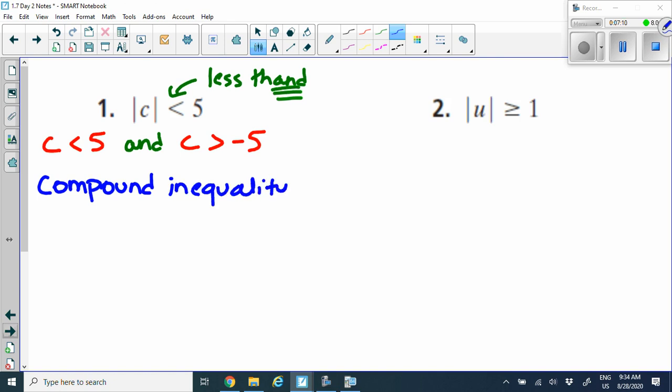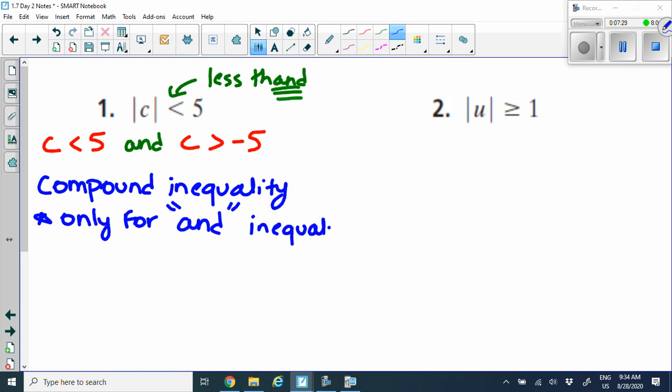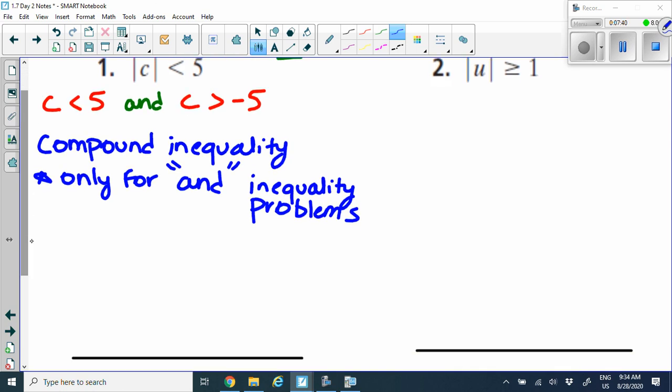This is only for and problems, so I'll put a little star next to it: only for and inequality problems. When we get to the ors, you cannot do this. Only for the ands.